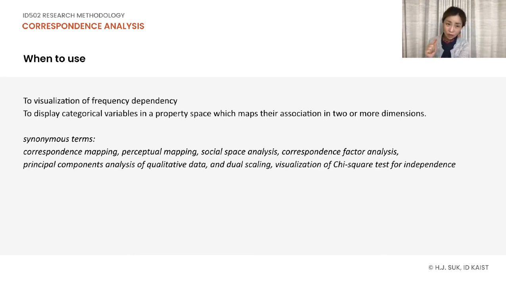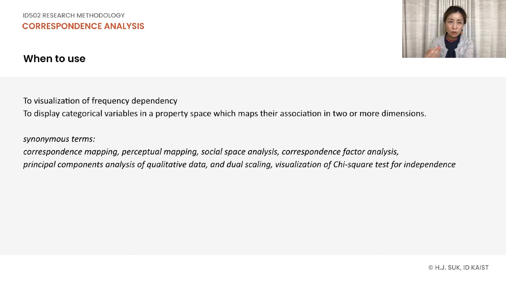So like the chi-square test, if the variable is measured in nominal scale, and if you want to map out the dependency of the two variables, then you can visualize the data using the correspondence analysis.